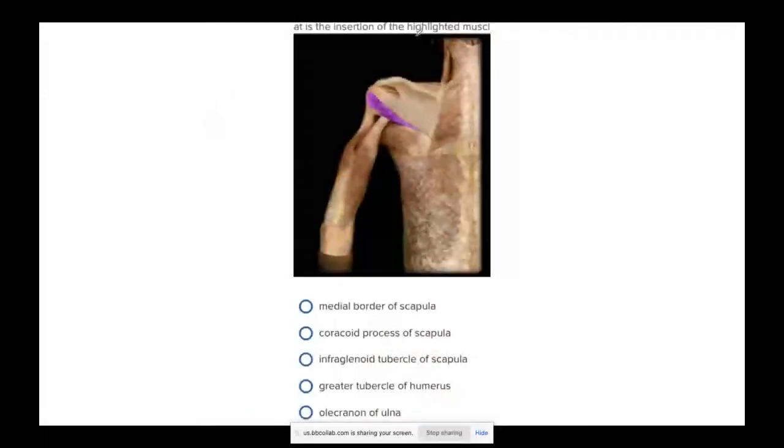So now what is the insertion of the highlighted muscle? Okay, so let's take a look. What are our options here? We're looking for the insertion. Medial border of the scapula. Well, medial border is here. Can't be that. Coracoid process of the scapula. Well, that's in the front. Can't be that. Infraglenoid tubercle.